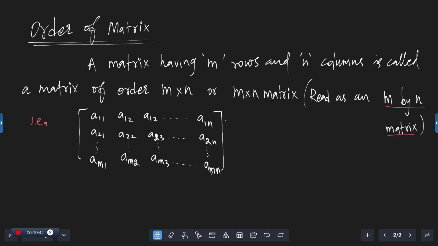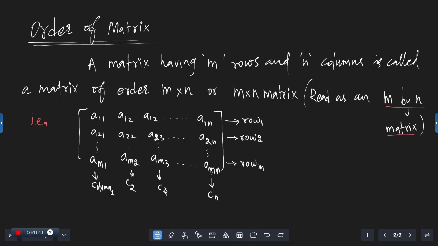So this will be row number 1, this will be row number 2, this will be row number m. Understand? Like that down. And this will be column number 1, column number 2, column number 3, and column number n.